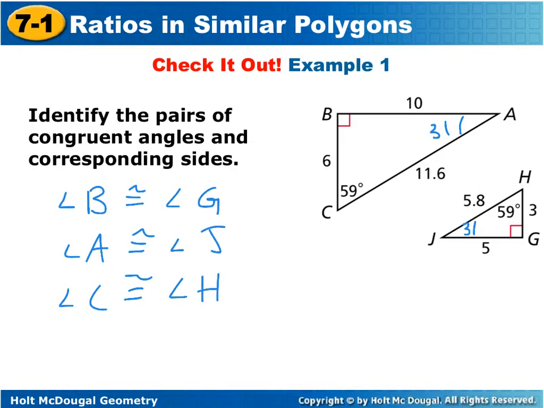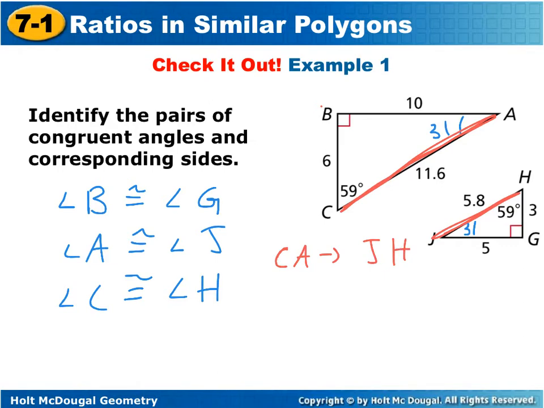Now we need to name the corresponding sides. Let's start with our hypotenuse. What are the two hypotenuses? 5.8 and 11.6. What are the names of them? HJ and AC. So CA corresponds to JH.